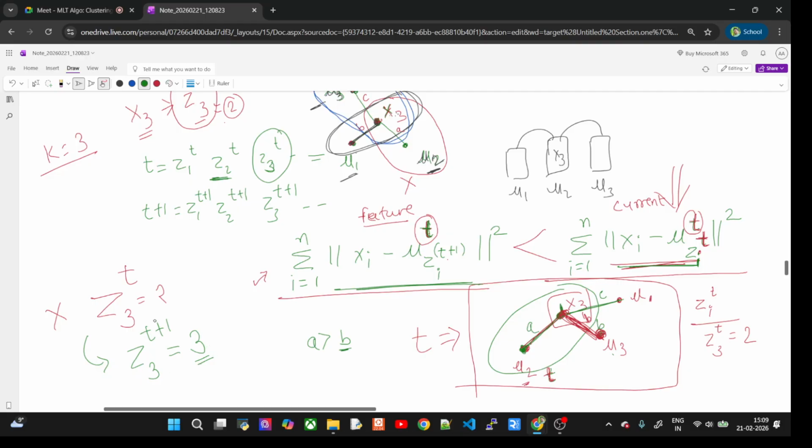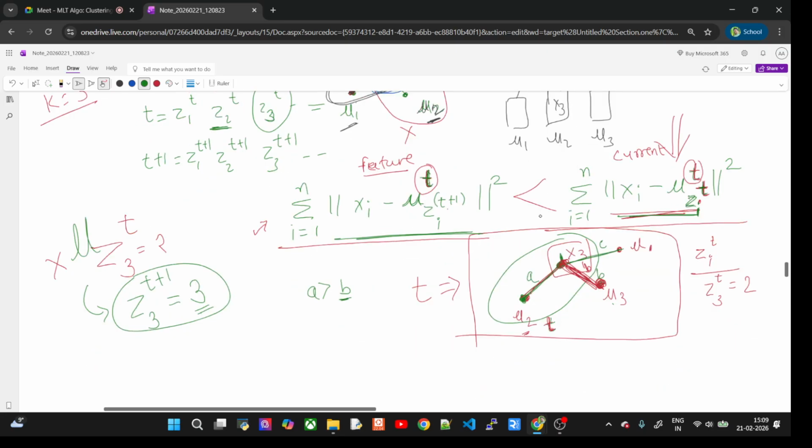Means he wants to go to 3, but how will he go? He has to calculate the mean, correct? That's why the mu value, this mean value, mean of your current t, zi t, this one I just write now here.